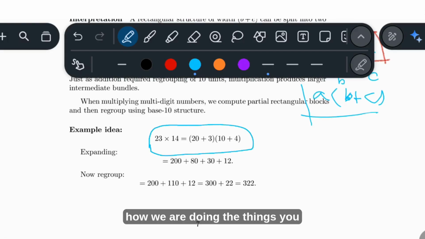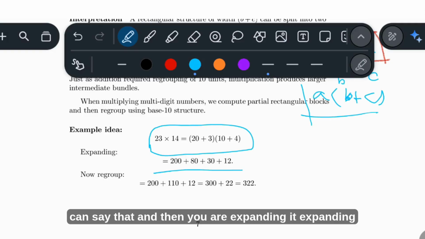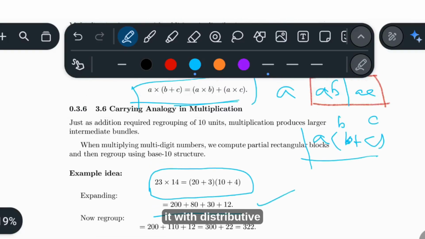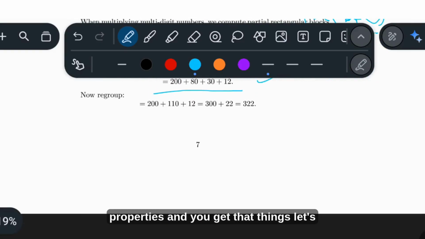See how we are doing it. You are expanding these into bunches of groups of 10, and then expanding it with distributive properties, and you get that.